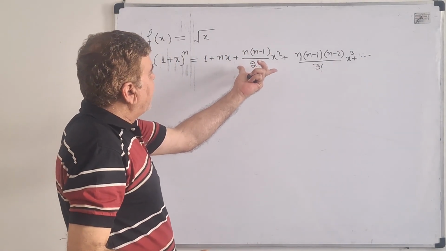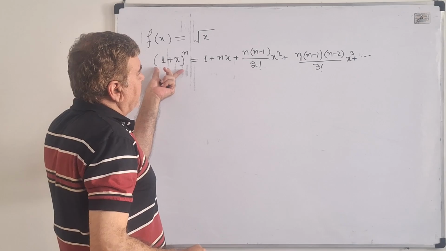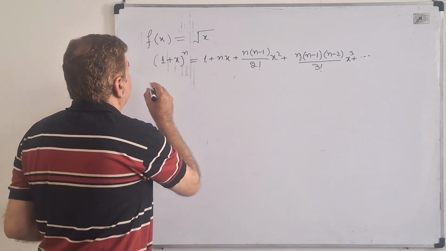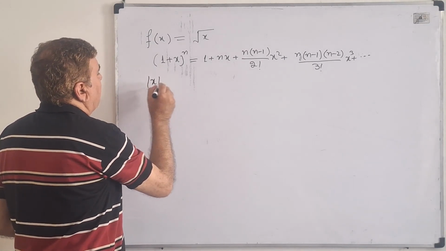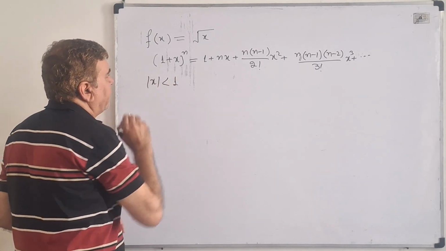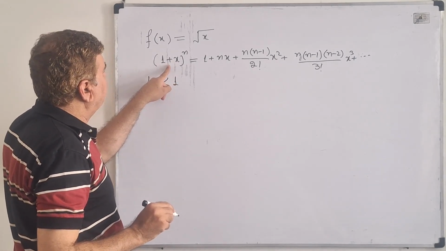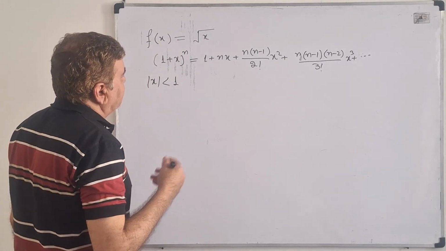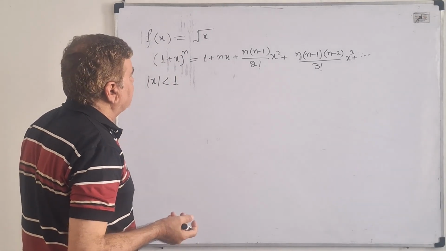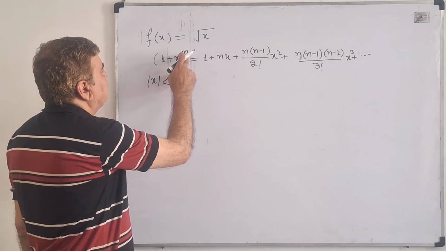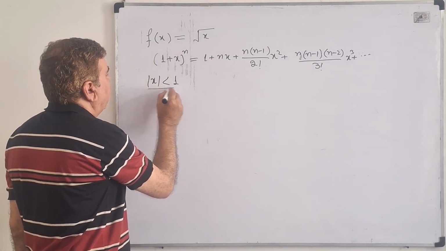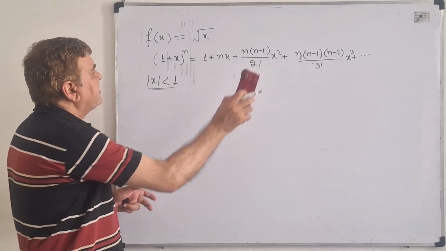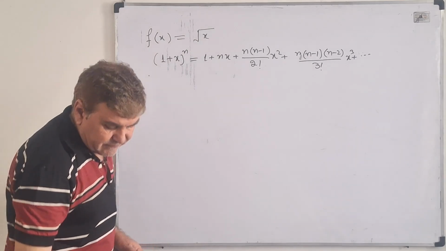This expansion is possible if the condition modulus of x is less than 1. That is, if x is less than 1, then this is applicable to negative power and to fractional power, where n is a negative fraction or a positive fraction. Under all those conditions, this equation is applicable only if this is satisfied. And we want to use this expansion for this function.